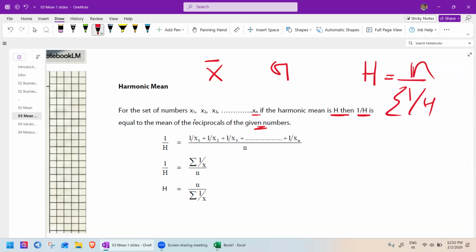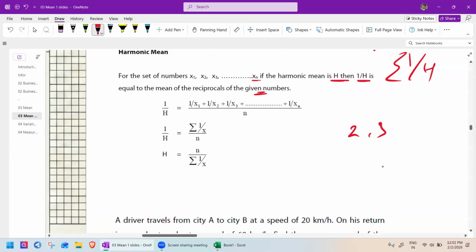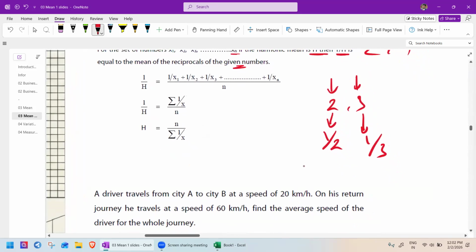First we calculate, for example, 2 and 3. If you want to calculate the harmonic mean, we have to convert the values into reciprocals: 1 over 2 and 1 over 3.